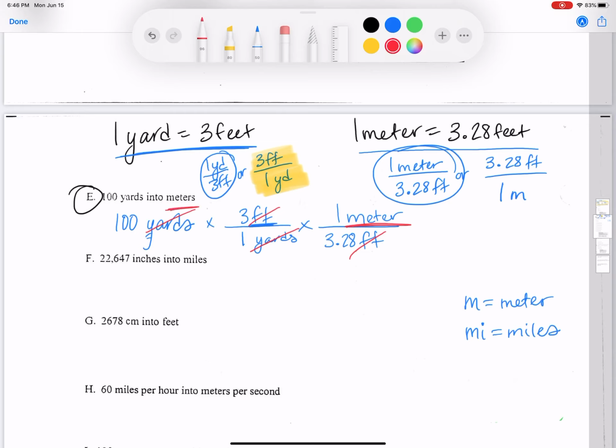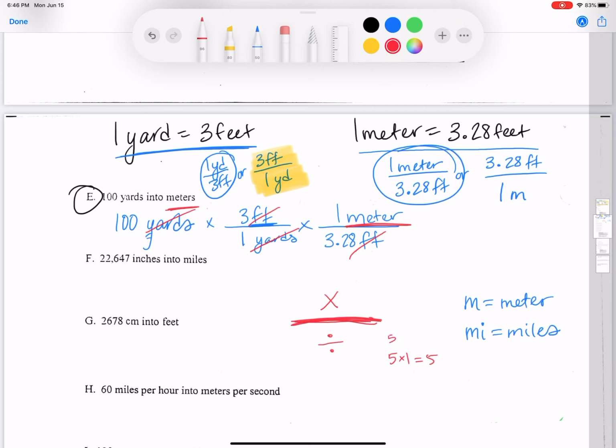I'm done. Just as a reminder, every time that you're dealing with a conversion factor, it's a fraction. The numerator always represents multiplication. The denominator always represents division. So if you were to say any number, let's pick 5. 5 times 1 is still 5.